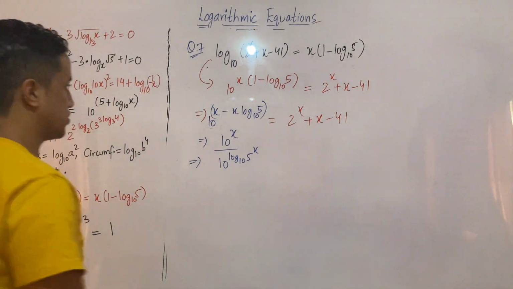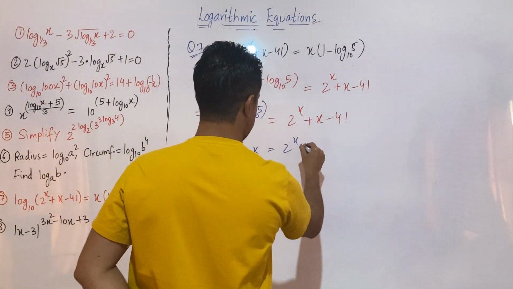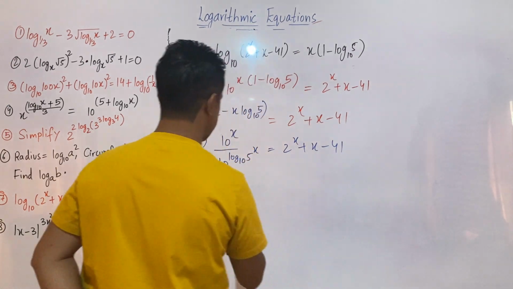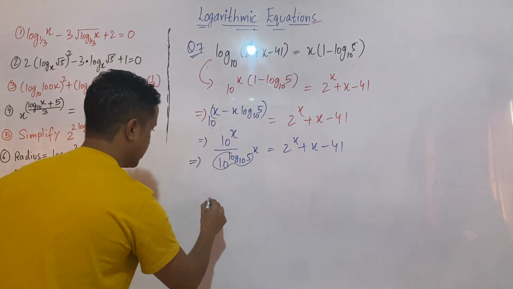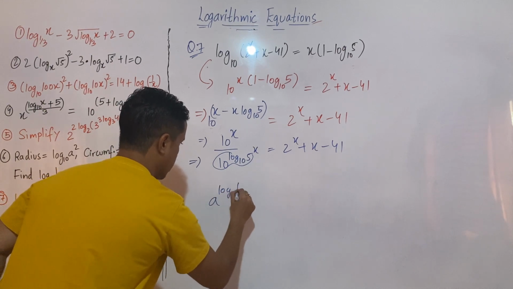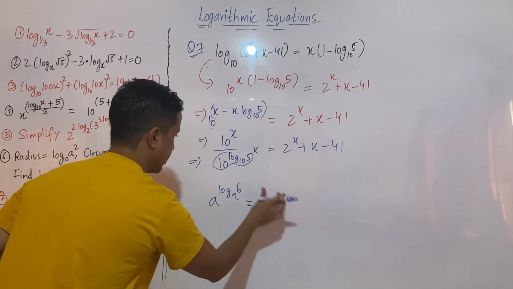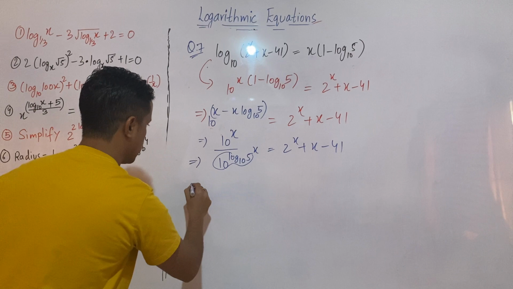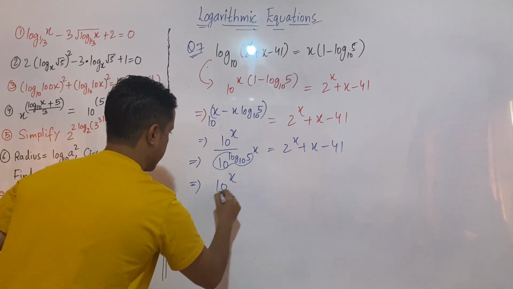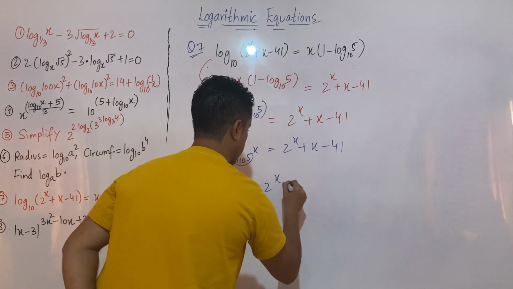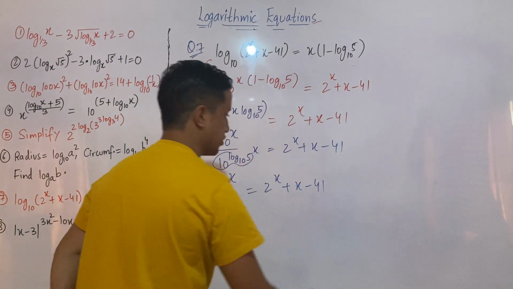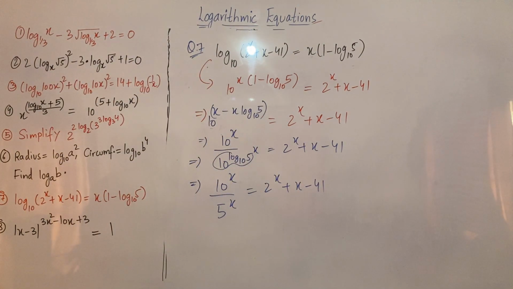Yeah, it's cool. Equal 2x plus x minus 41. So now see here, this is a raised to log b base a, which is b. Okay, so this thing is going to be 10 raised to x divided by 5 raised to x equals 2x plus x minus 41, right?